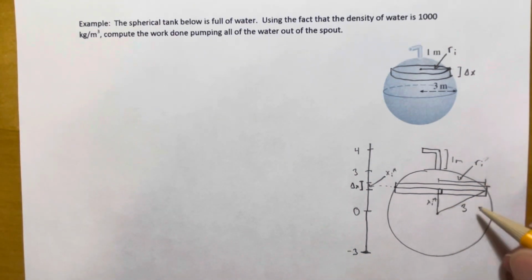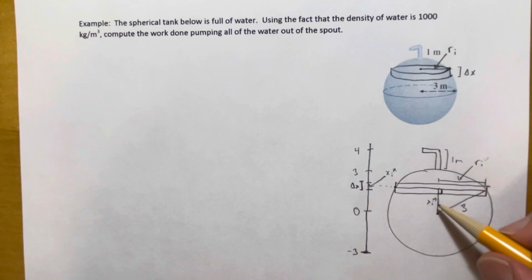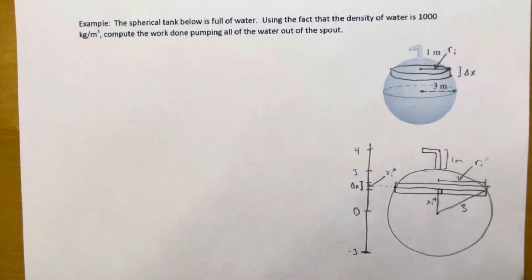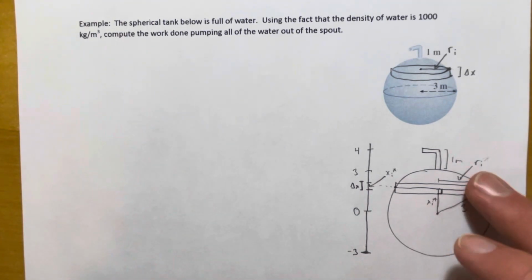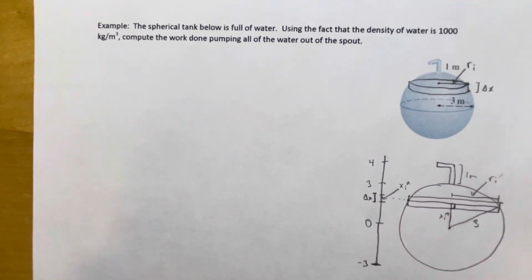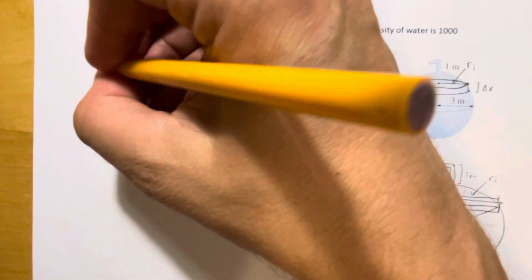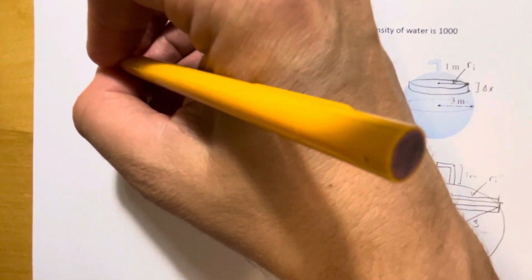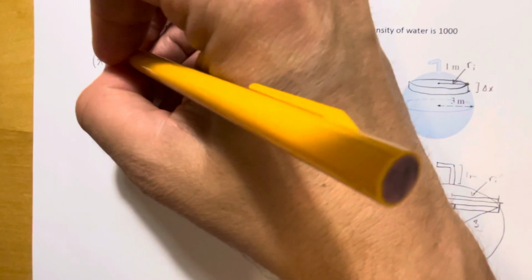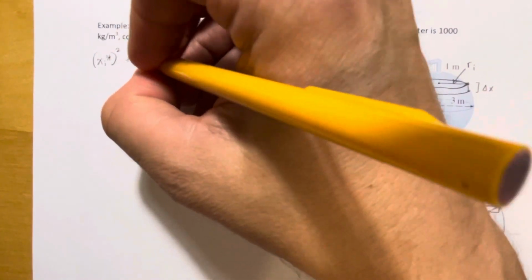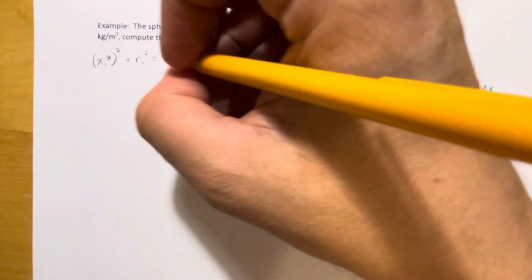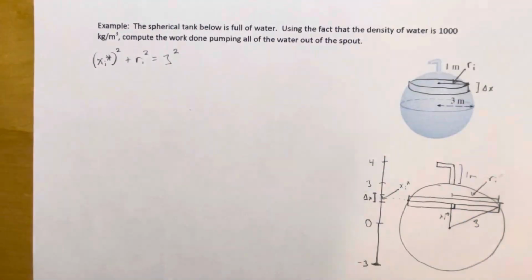I have a right triangle where I know all 3 sides of that right triangle, or at least have labels for them. So I can use the Pythagorean theorem to kind of relate some things here. I know that xi star squared plus Ri squared should equal 3 squared.